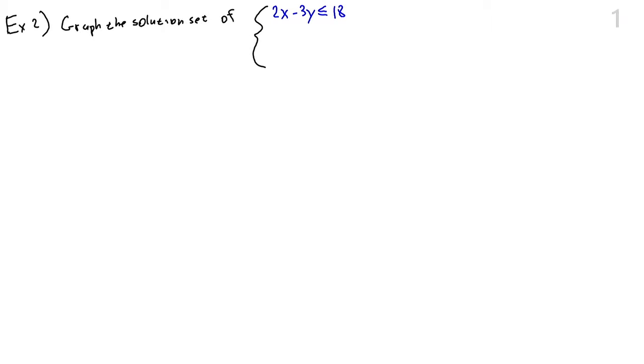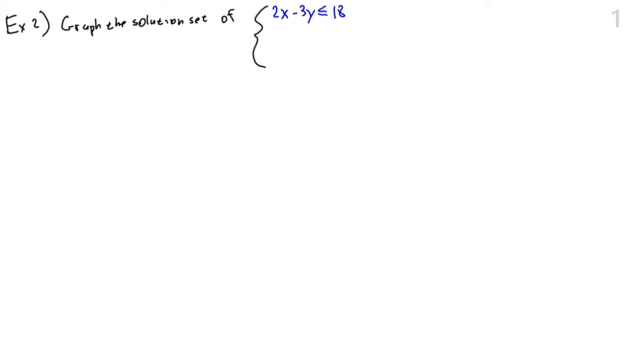For our next example, we are going to graph the solution set of the following system. We're going to have 3 now. So the first one is 2x minus 3y less than or equal to 18.